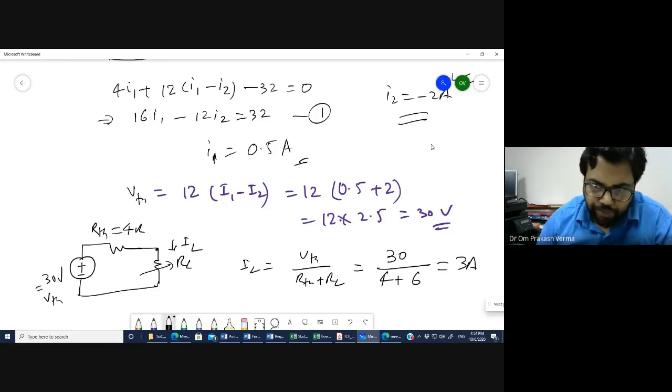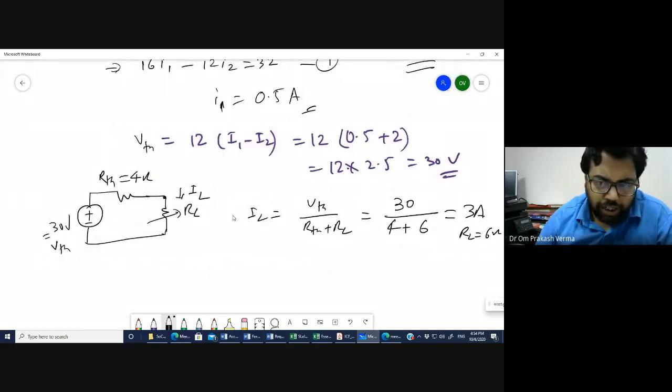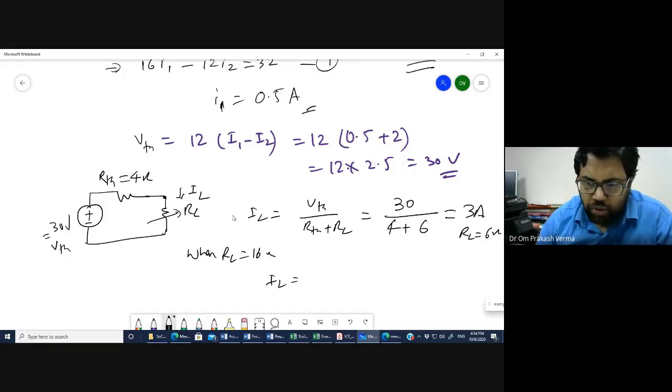3 ampere. In the first case, RL is 6 ohm. In the second case, you have to take RL equals 16 ohm. Then IL equals 30 upon 4 plus 16, it means 1.5 ampere.